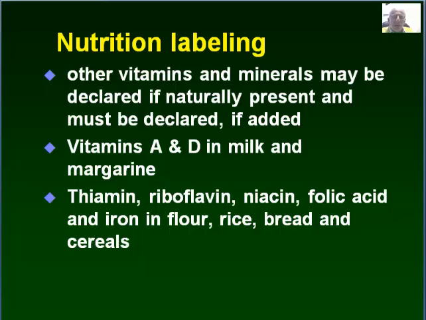Then you are required to put these particular vitamins and iron on your nutrient label, for the fact that they're being removed and are required by law to be fortified. Folic acid actually is a new addition. We'll talk about that a little bit later when we talk about health claims.